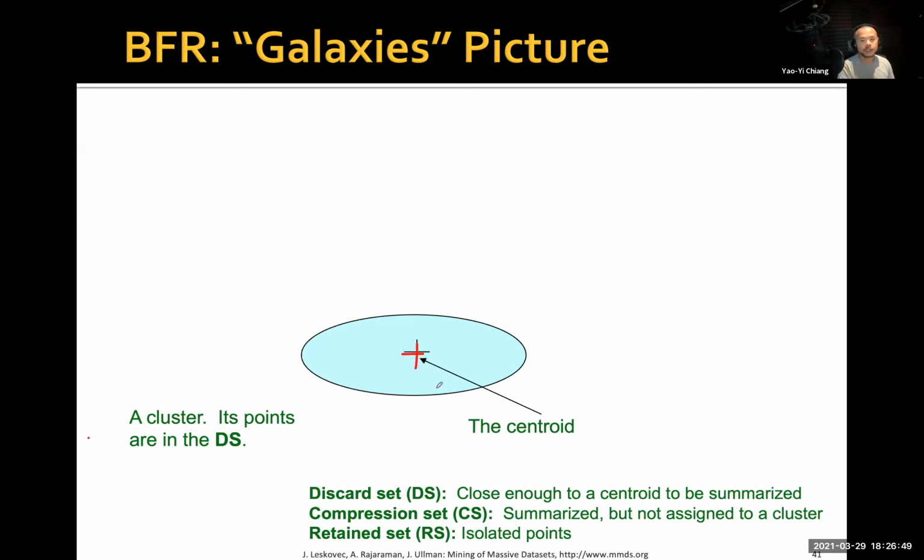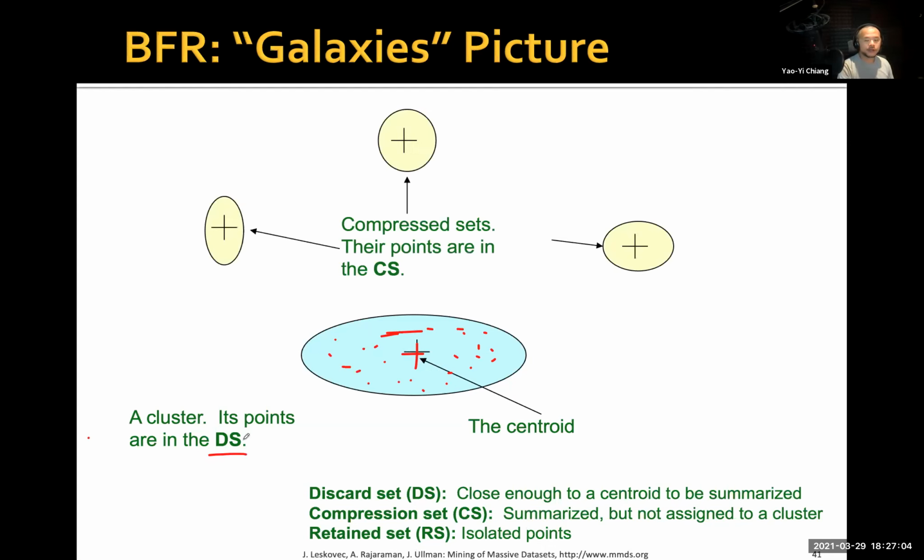data. So you have the centroid, and you have all the data points within some close by areas of the centroid. These are your DS. You also have other data points that are close to each other.